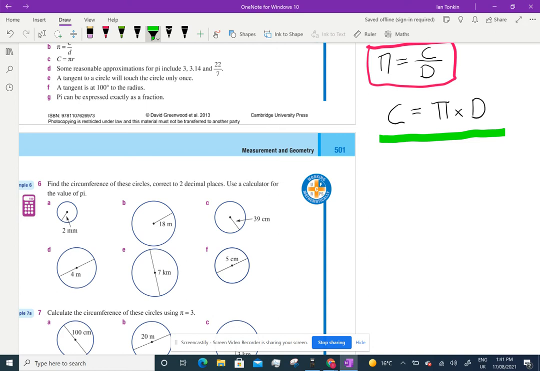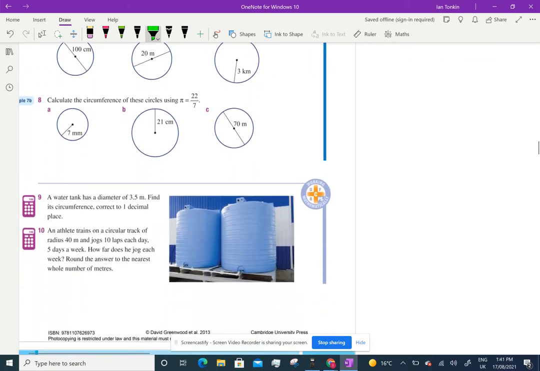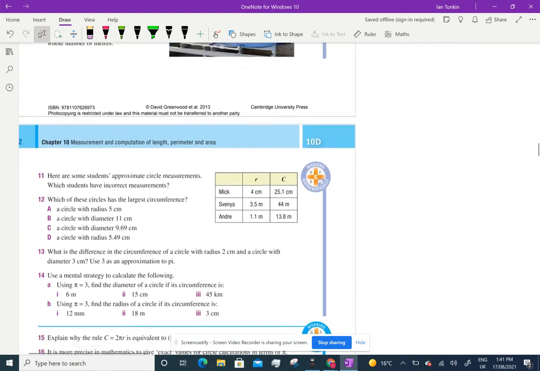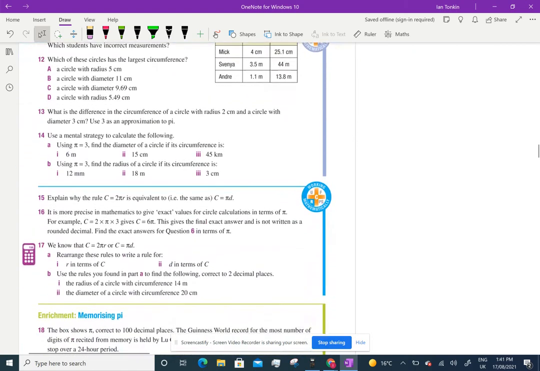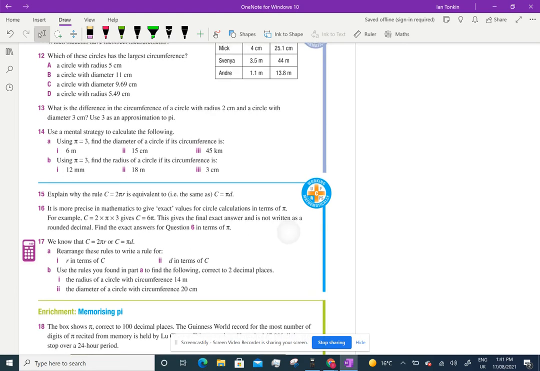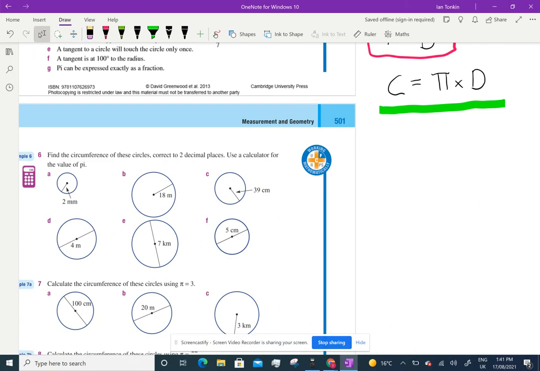Now, all we have to do are questions 6, 9, 10, 15, and 17. So here we go. You don't need to write or draw the diagram. You can if you wish. So 6. Now I'm going to go 6a.